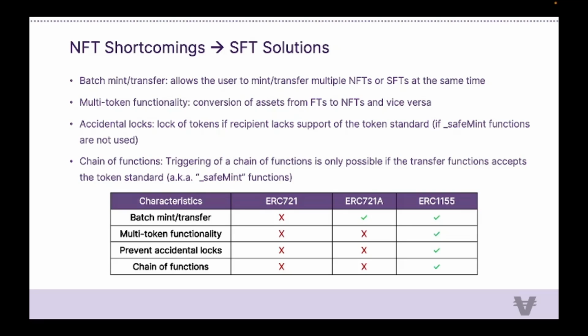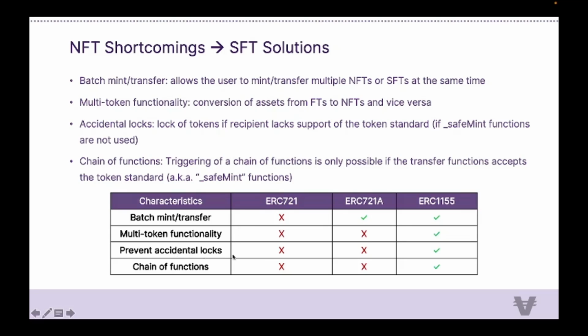But of course, with an ERC 1155 smart contract, you can also make a fungible token only or a non-fungible token only smart contract, depending on how you code it. But it supports these different tokens entirely.